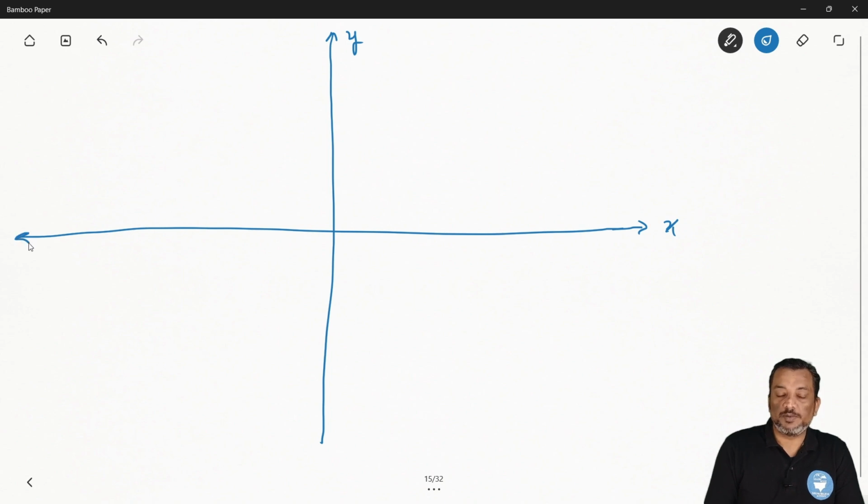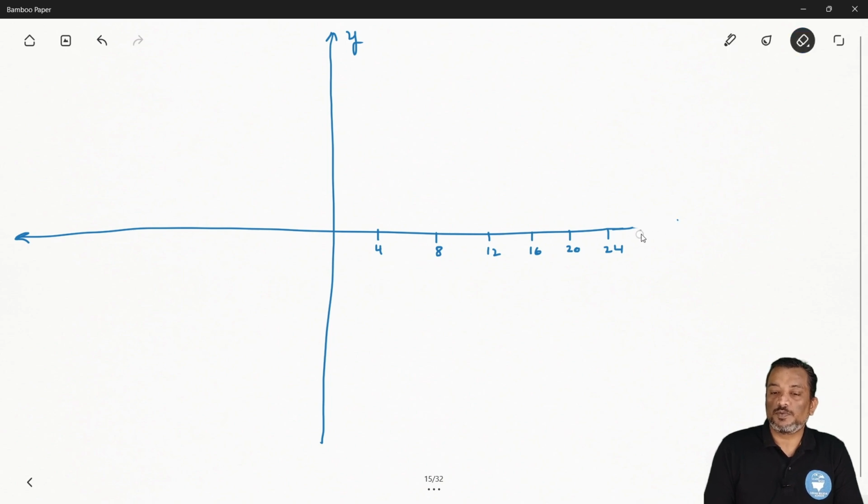We will take multiples of 4: 4, 8, 12, 16, 20, 24, and this we can extend more: 28 and 32. And this is your x.